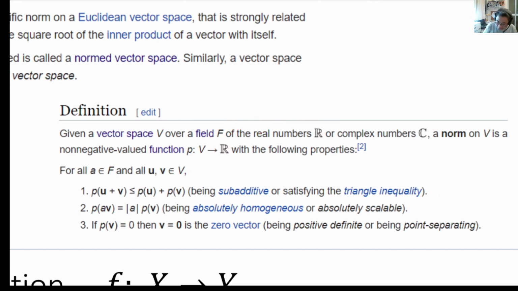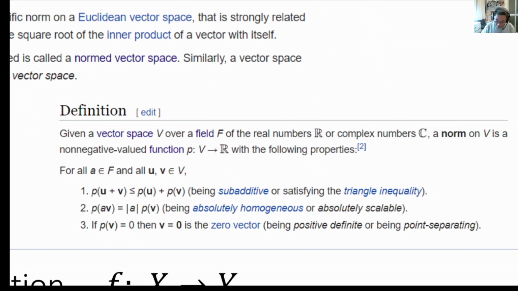The real number, in addition, is a non-negative value, and the vector space V is over a field F, and F is typically the real numbers or the complex numbers.